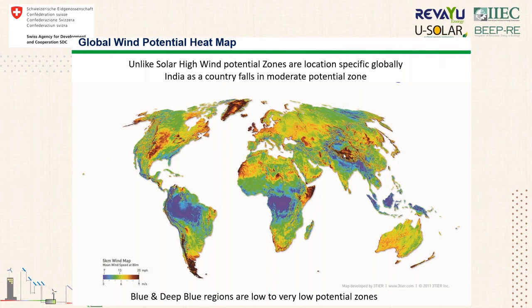So you see India falls on the western side. You can see the southern and the western side, there is quite a good potential. You can see the yellow ones, moderately good potential.